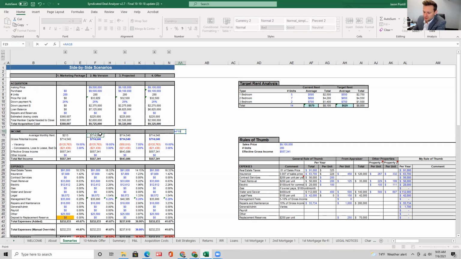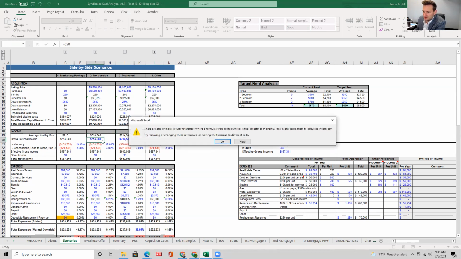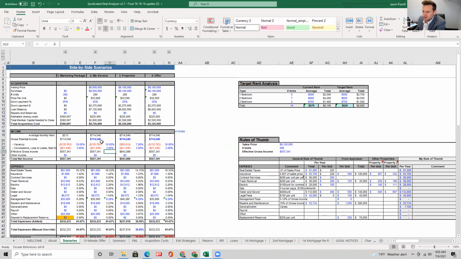So really it's 300, oh geez. $300. This is average monthly rent. So the gross potential is $1,008,000. There. Now the gross, see, that makes a big difference.